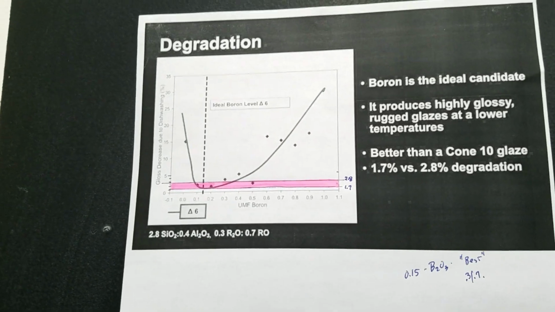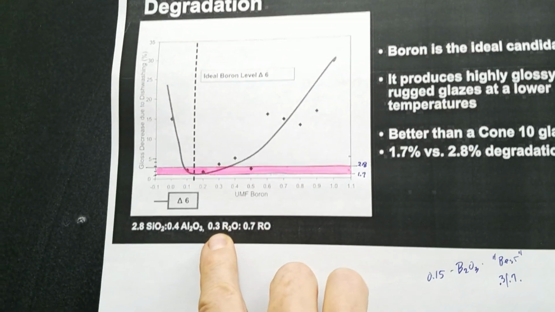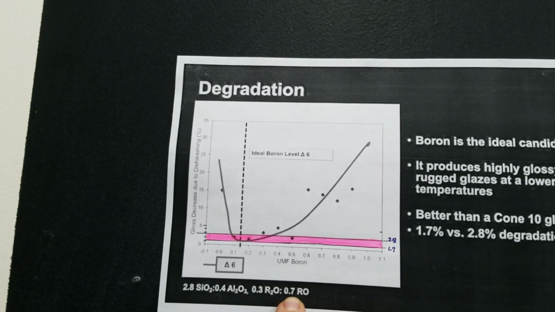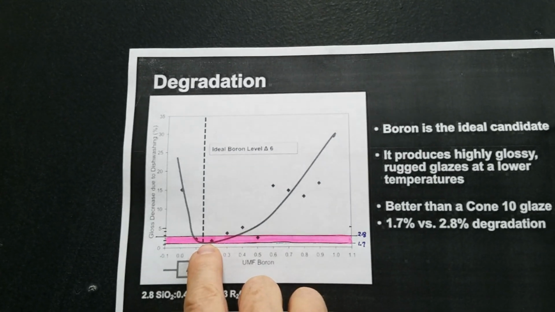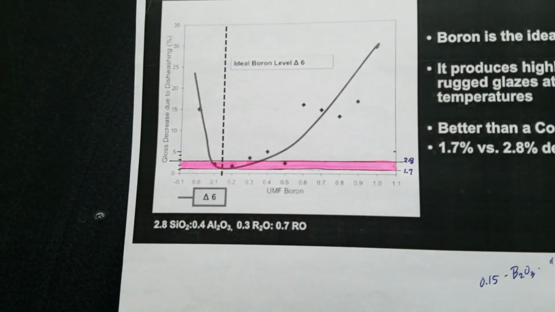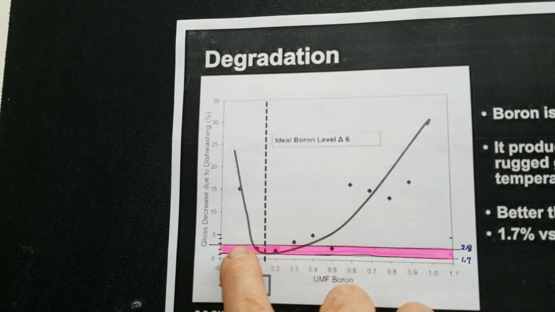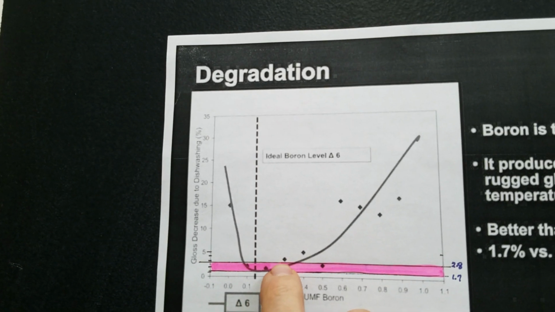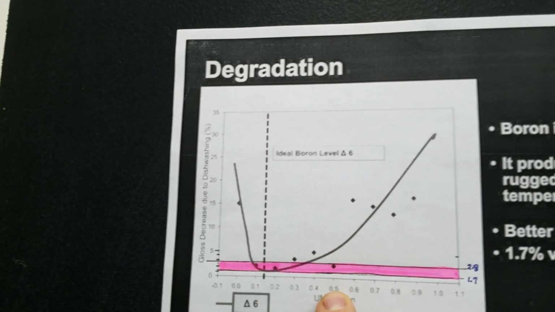So he then put his cone 6 glaze, which had a 0.3, 0.7 ratio, and then he kept adding boron, and sure enough, 0.15 is the best, in quotes, but in fact, if you went from 0.1 all the way up to 2.8, it is almost all acceptable, as is this one at 0.5.